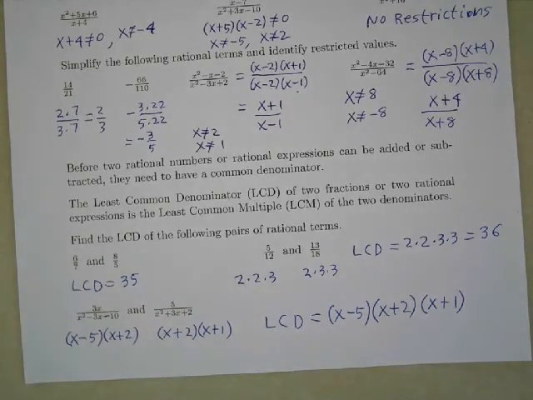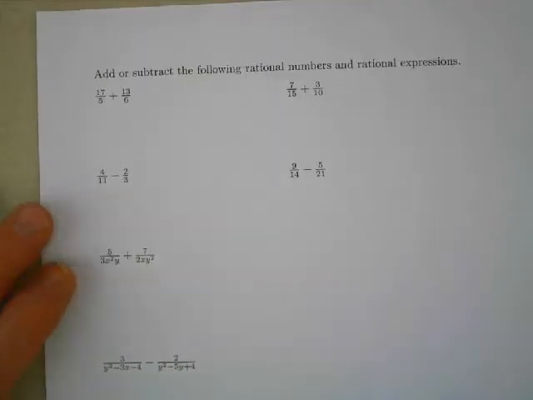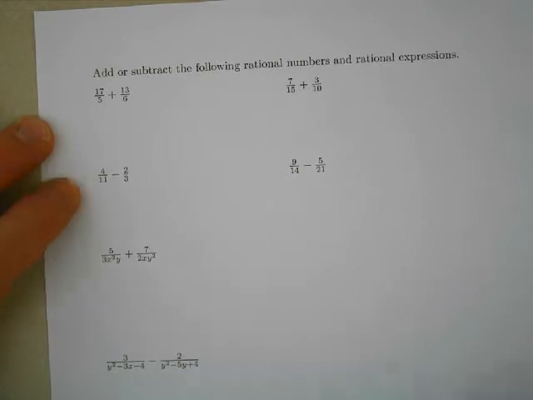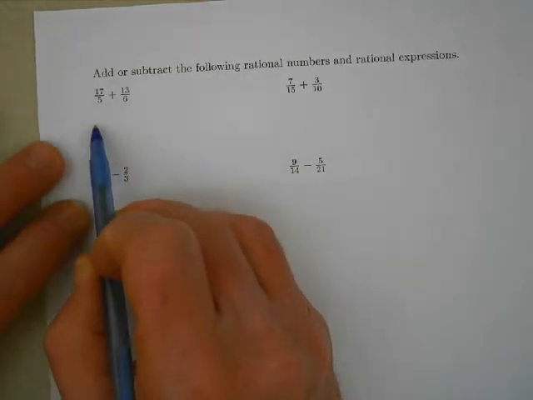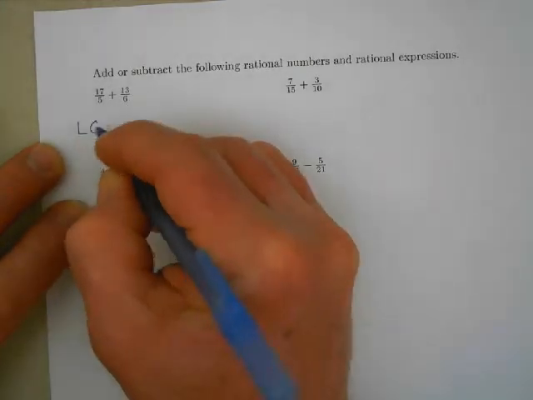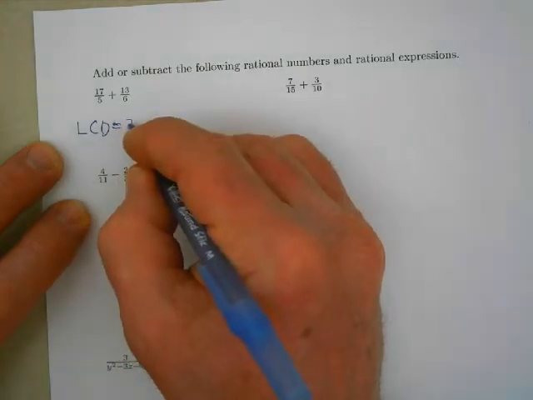Okay, we'll spend a couple of minutes adding and subtracting rational numbers and also rational expressions. Before you can add or subtract fractions or rational expressions, you have to have a common denominator. In this first example, 17 over 5 plus 13 over 6, the least common denominator is just 5 times 6, which is 30.